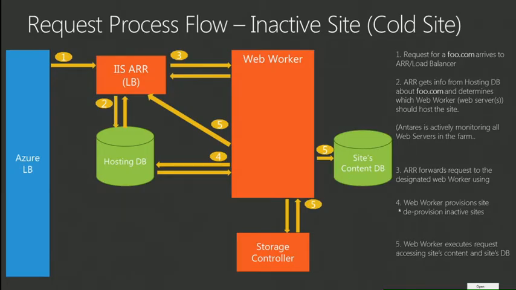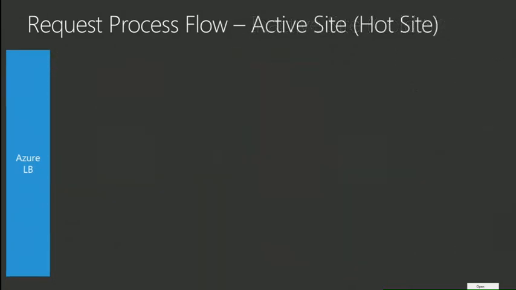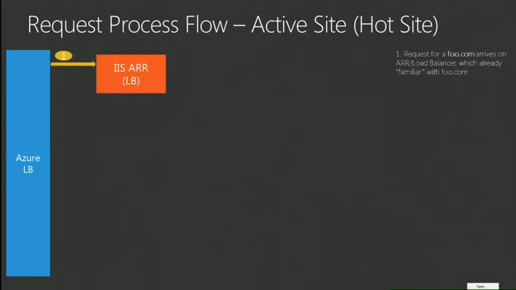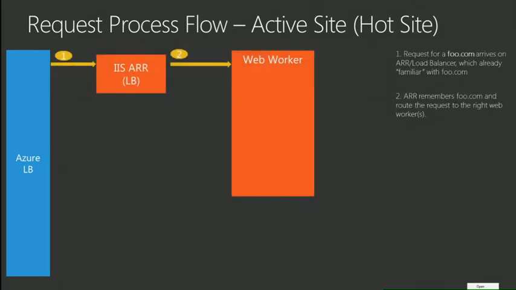Let's say we're in a situation with a shared website, but we have more than one instance. In this case, we're going into a different situation where the site has been active. It's a hot site. So again, we hit the load balancer.